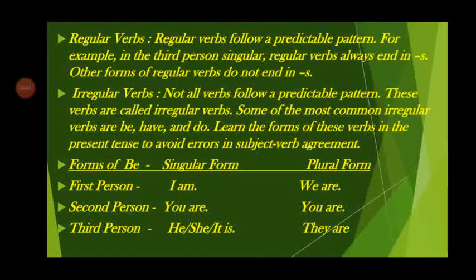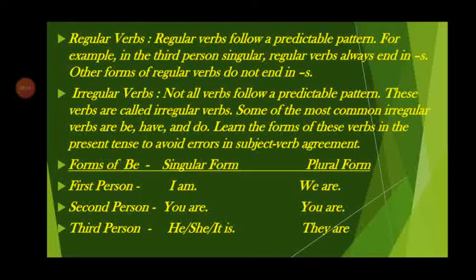There are two types of verbs according to the form of the verb, regular and irregular verbs. Regular verbs follow a predictable pattern. For example, in the third person singular, regular verbs always end in s. The other forms of regular verbs do not end in s.